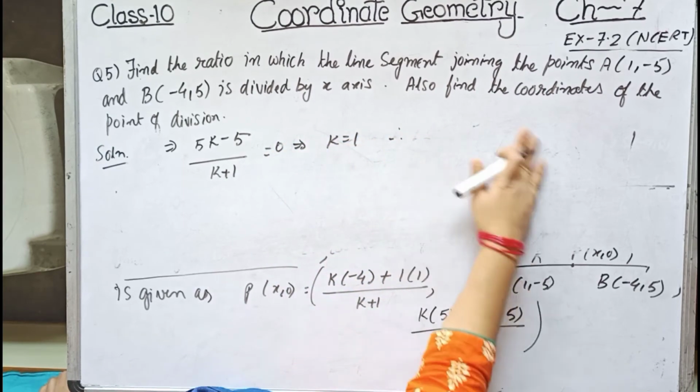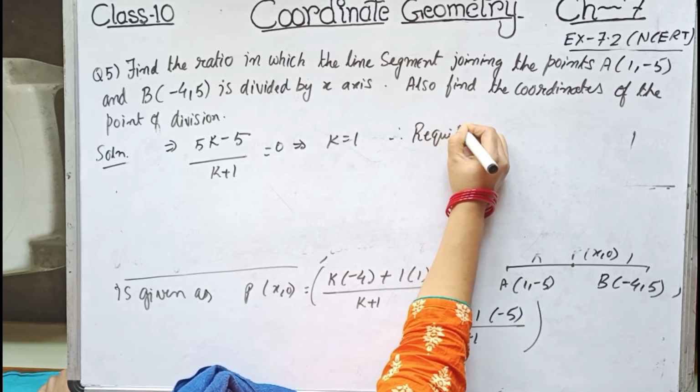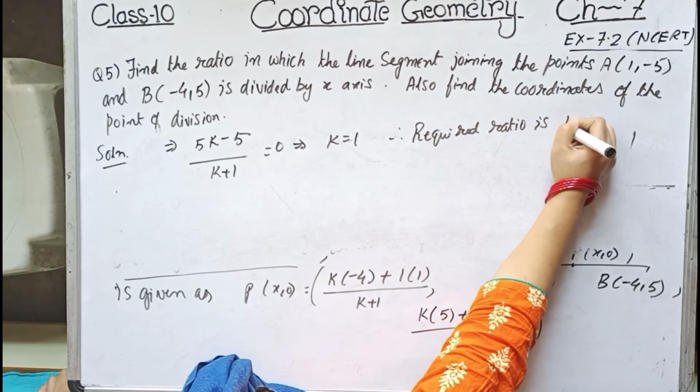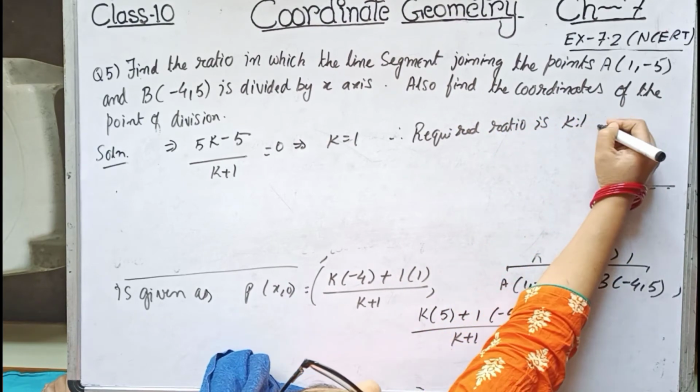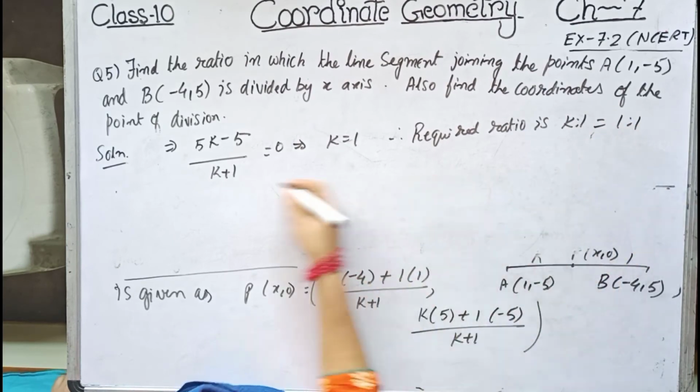Therefore the required ratio is k is to 1, equals 1 is to 1.